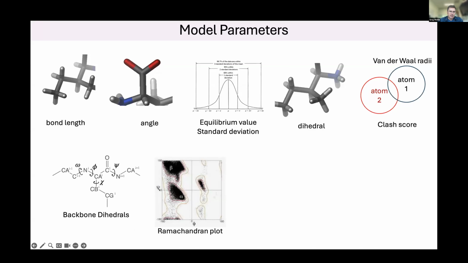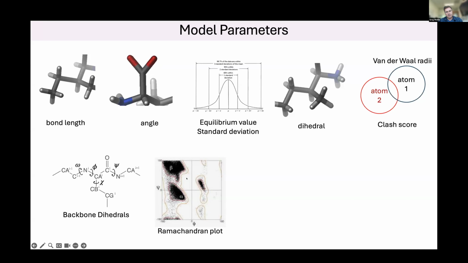For a phi and psi angle, you can check if it fits within previously observed values, which are thought to be energetically favorable. Anything outside is probably suspicious.